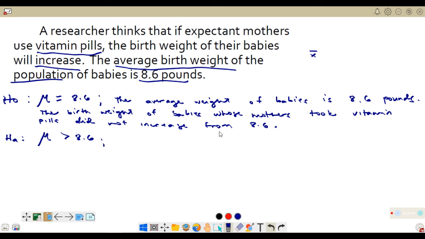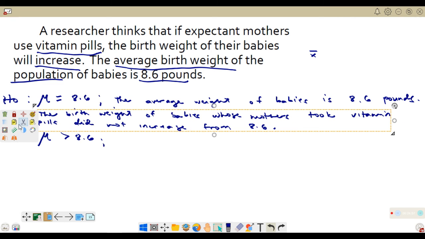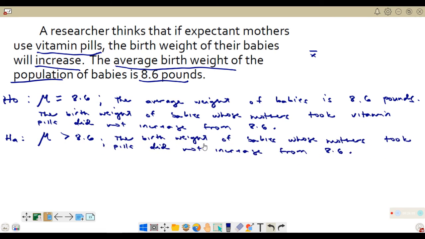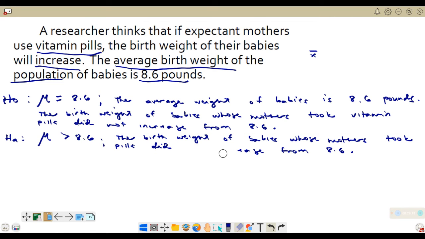So ito, mas kaya niyang i-reflect yung situation ng problem. So the birth weight of babies whose mothers took vitamin pills did not increase from 8.6. So wala siyang significant na difference. Ano yung counterpart nito dito sa HA? So copy natin yung sentence natin dito. So, the birth weight of babies whose mothers took pills did not increase from 8.6 pounds. Dito, nagkaroon na ng increase.